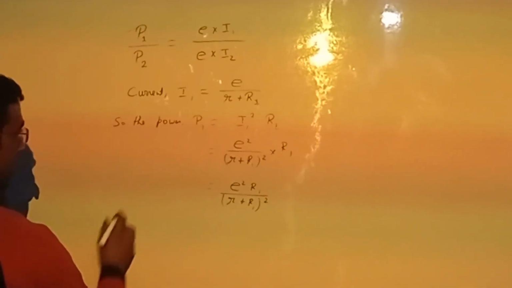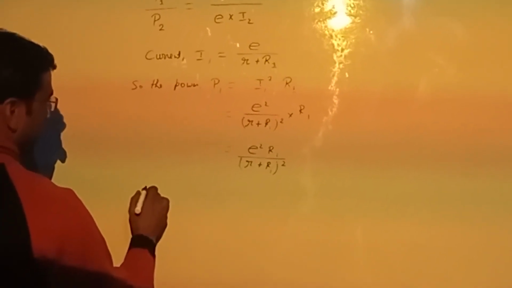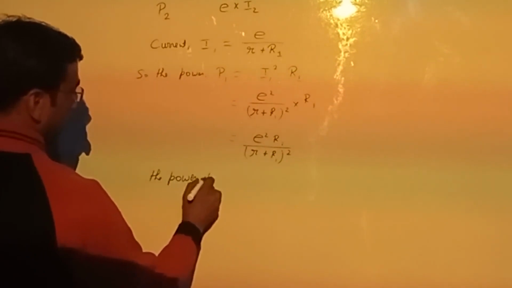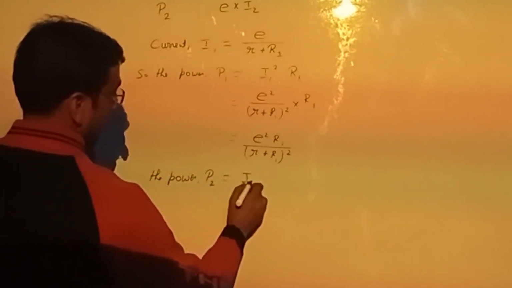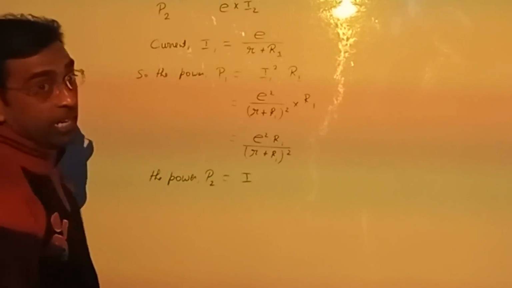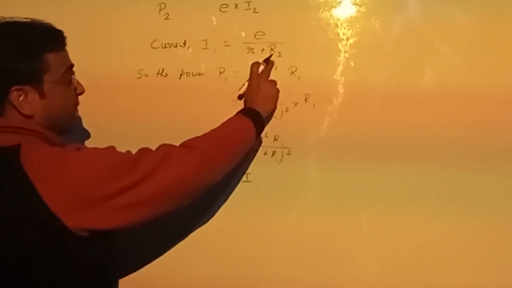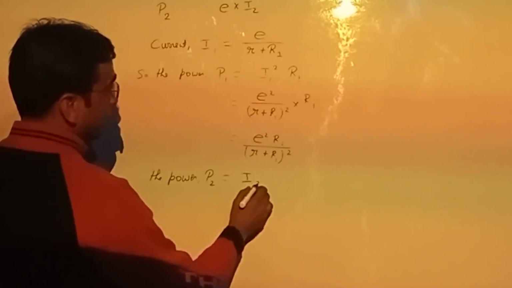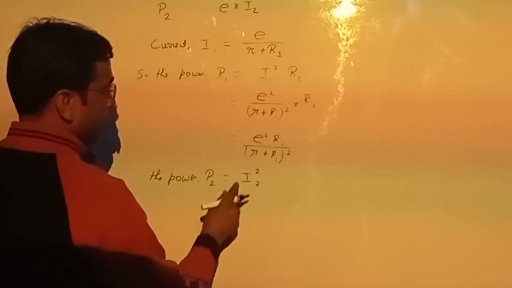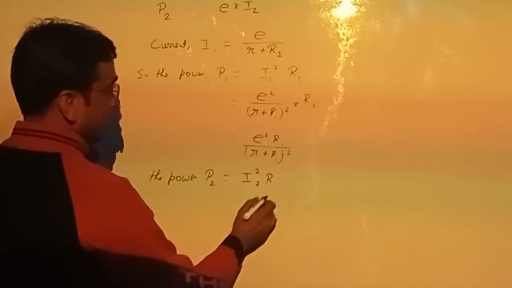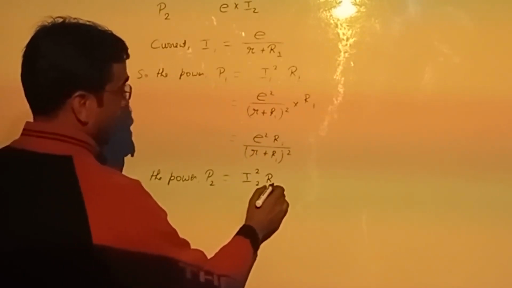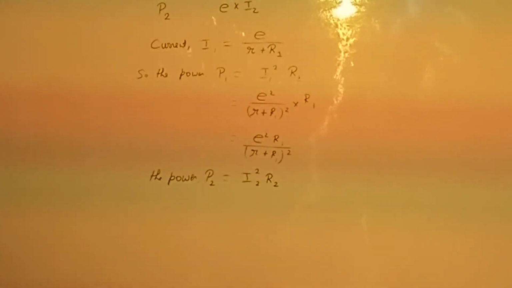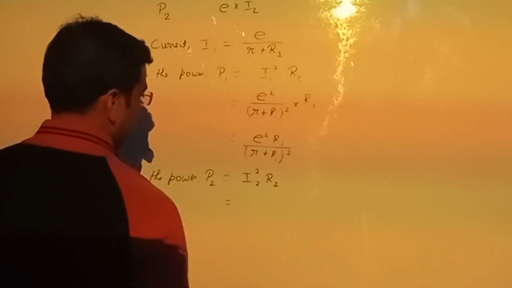Now the power P2. For the power P2, the current will change if we change the outer resistance, and now the current is taken as I2, so I2 square into R2.